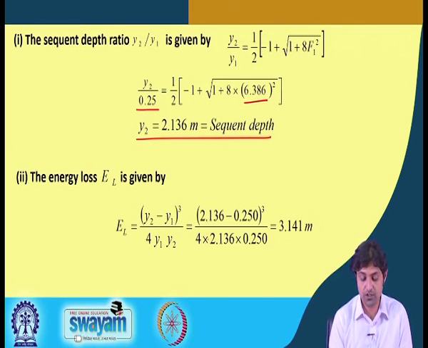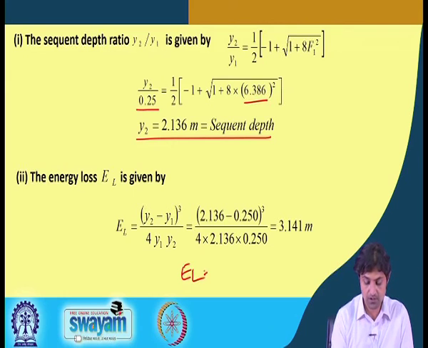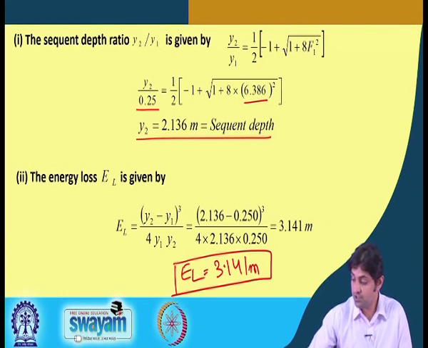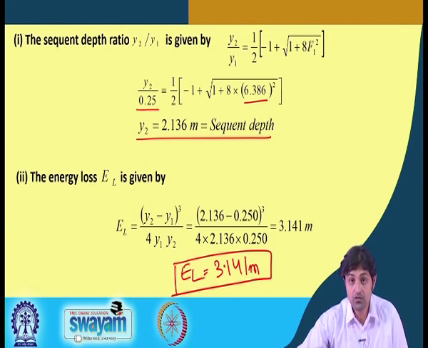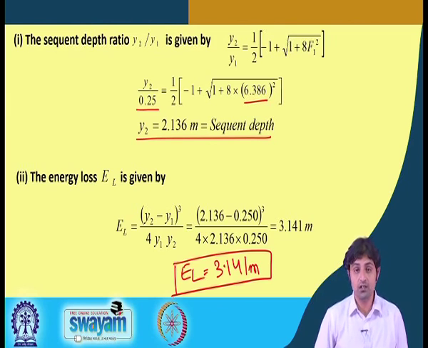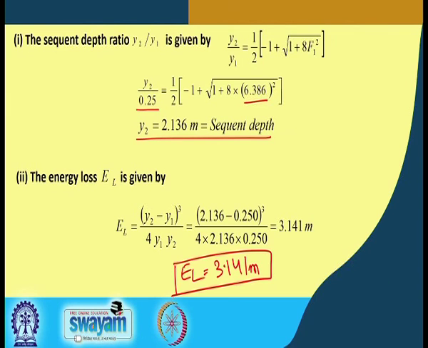So, 2.136 minus 0.250 whole cube divided by 4 y1 into y2, and the energy loss comes out to be 3.141 meter.